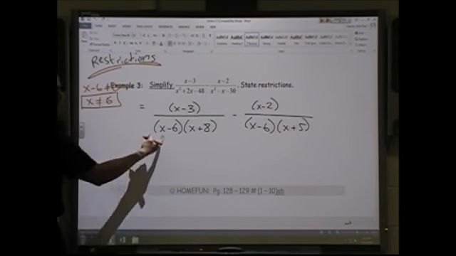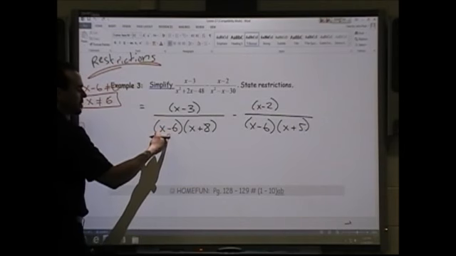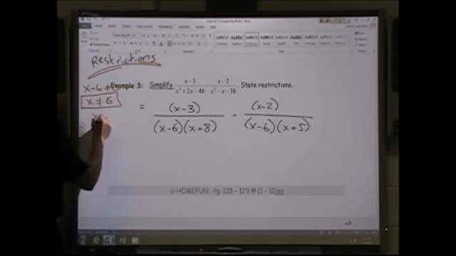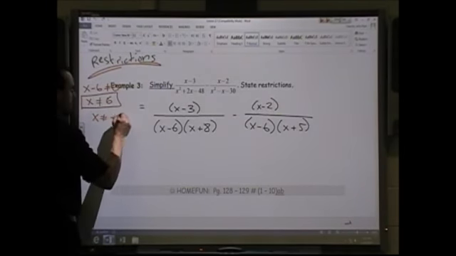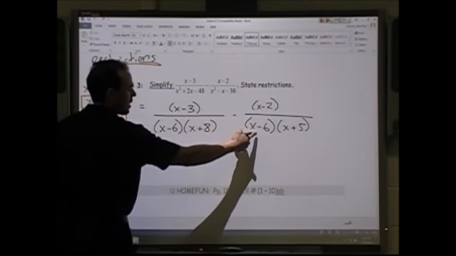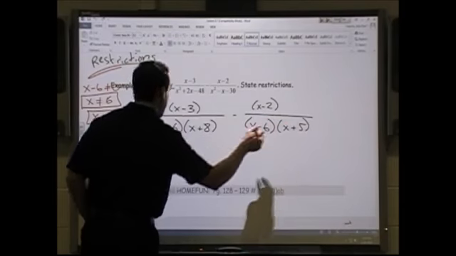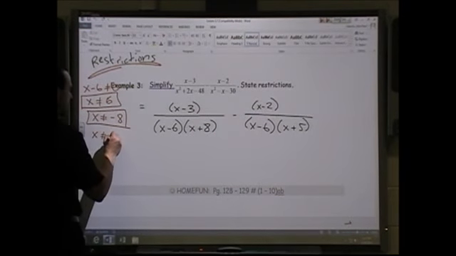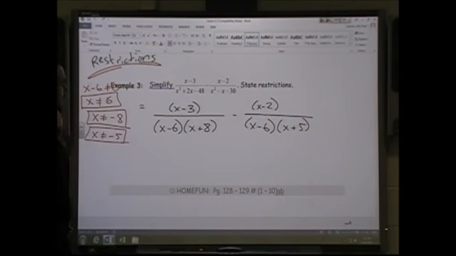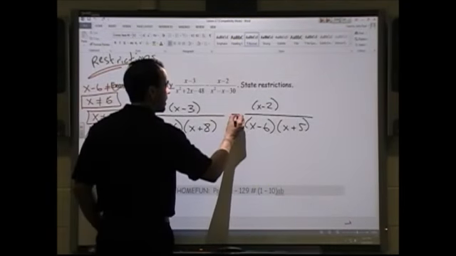Some of you can just look at this and say x cannot equal positive 6. That second one, x cannot equal negative 8. That next one, x cannot equal positive 6, I don't have to restate that. And x cannot equal negative 5. If you're able to do that, instead of rewriting the factors cannot equal 0, then that's perfectly fine. Okay, remember this is a minus sign in the middle.